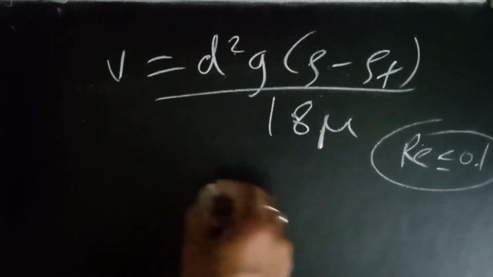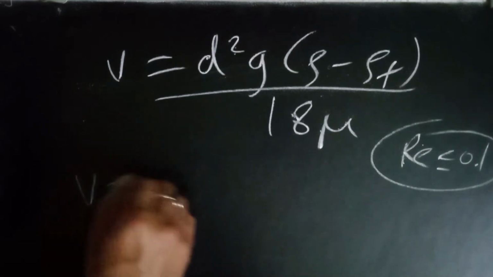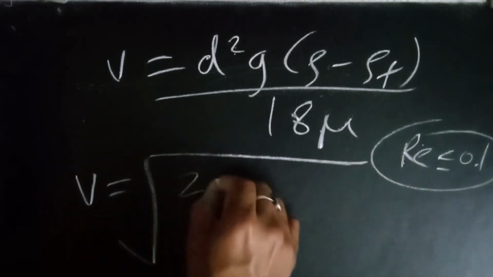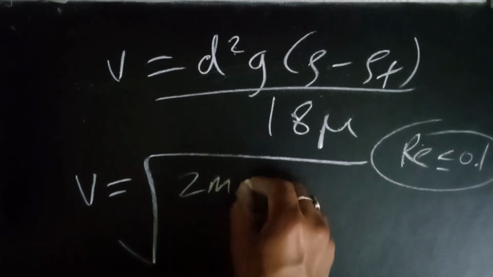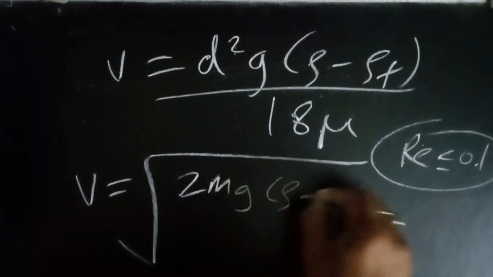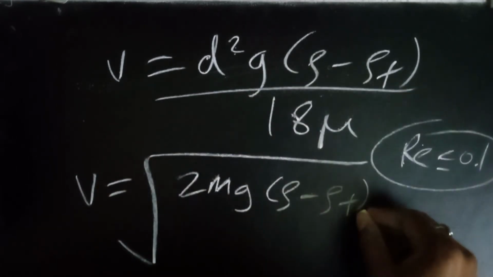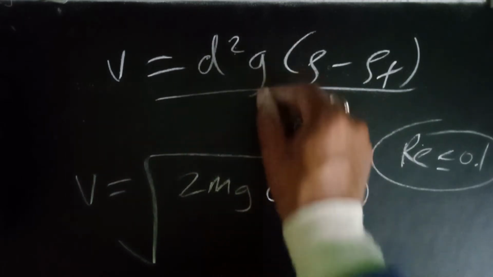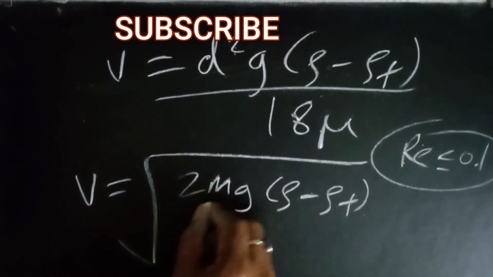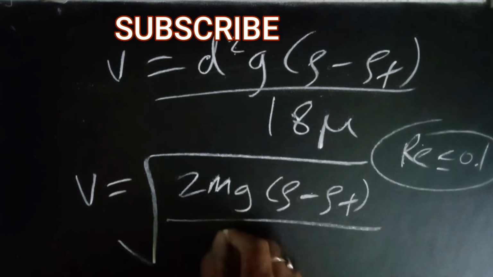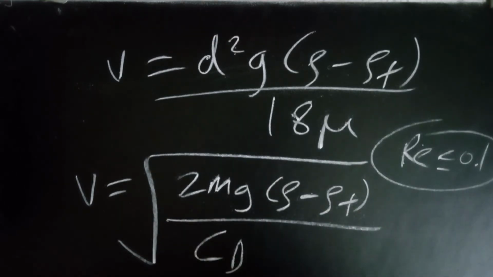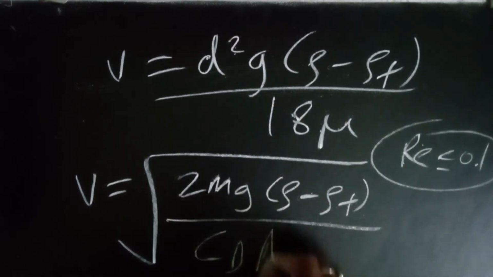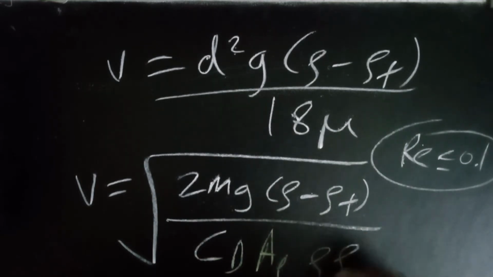Okay, if Reynolds number is greater, it will be then under root 2 mg (rho minus rho f). It's the same thing, but 2 mg, g is also there, m is mass here, mass of the particle, by Cd rho f A. Cd is the drag force coefficient, and A of the particle, I will tell you what it is.